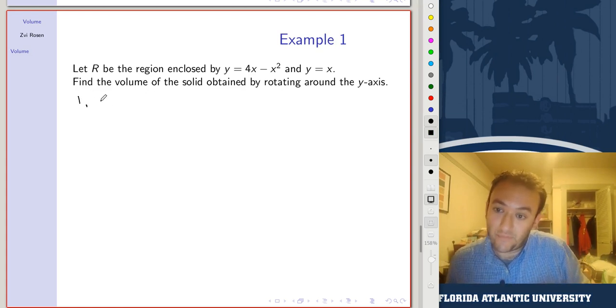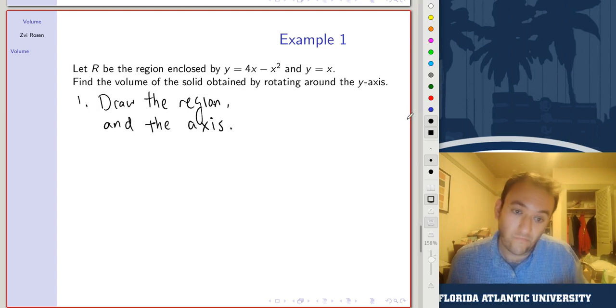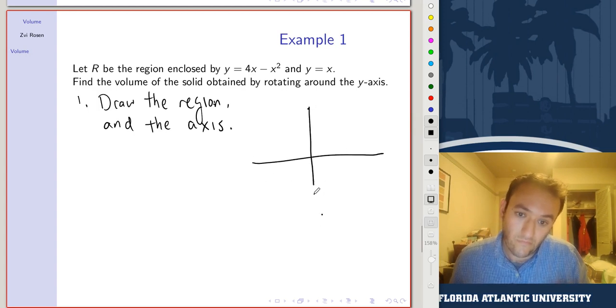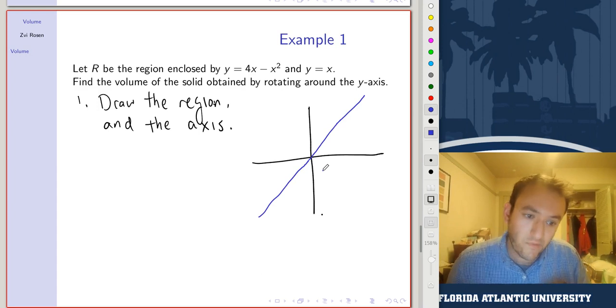Okay, so first step, I always like to draw the region and the axis. So let's first draw the line y equals x. That's very simple. It's just a nice diagonal line. And now we're going to try and draw y equals 4x minus x squared. Because it's a degree 2 polynomial, we know it's a parabola.